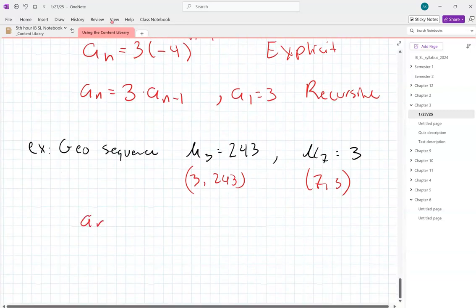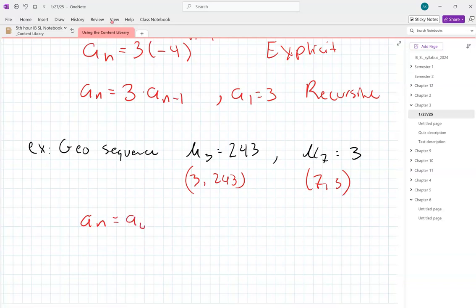I'm going to take my geometric formula here, where i is just going to be any term rather than necessarily having to be 1 being the first term. So like 243 is equal to a sub i, well, no, that can be 1.